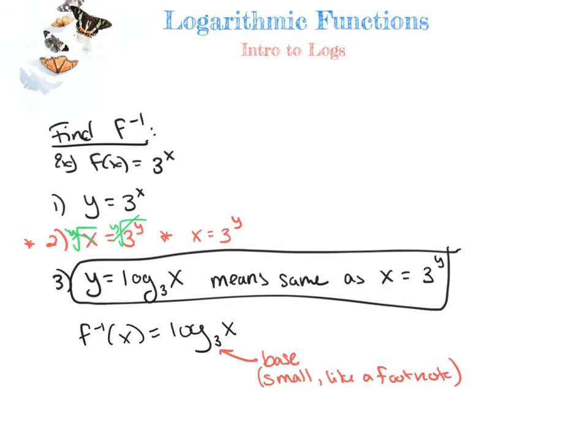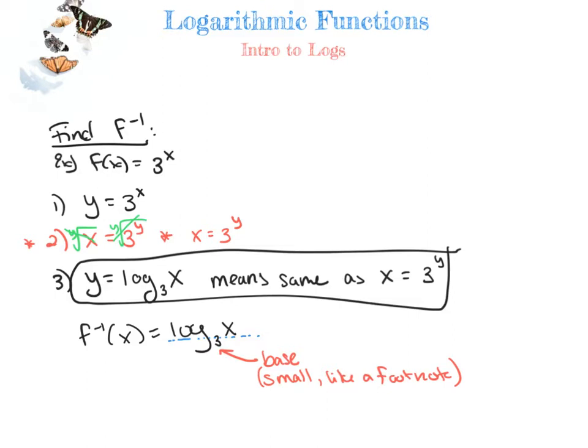But the letters in the word log and x, these are all the same size. So if you're taking notes on this, there is sort of a line here, where the letters log and x are all on the same line, and that 3 is smaller. The base 3 is smaller.